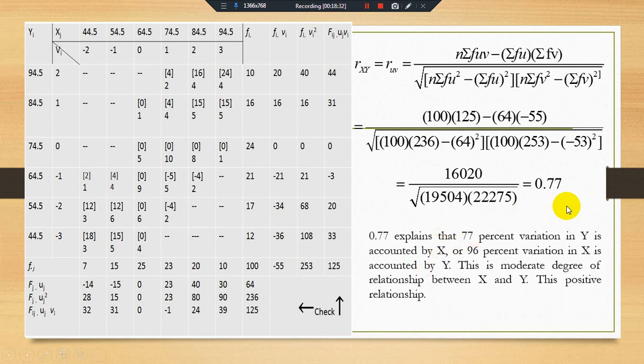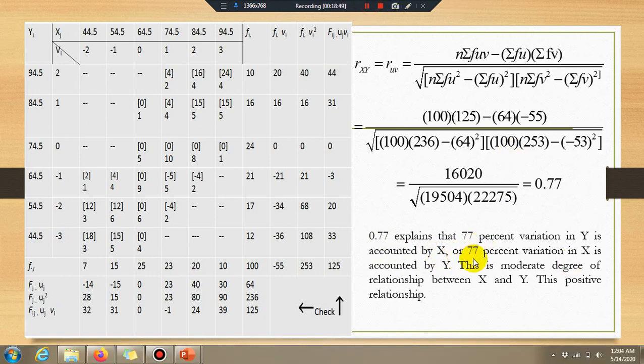Okay, let's see the interpretation of the group data frequency distribution correlation matrix. Here we have the correlation value 0.77, which explains that 77% variation in y is accounted for by x, or you can call it 77% variation in x is accounted for by y, and this is a moderate degree of relationship between x and y, and this is a positive correlation between x and y.